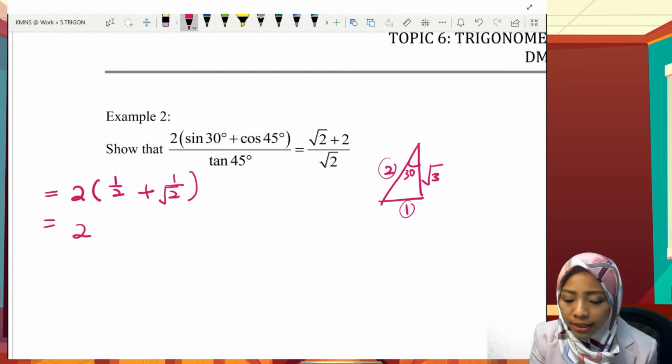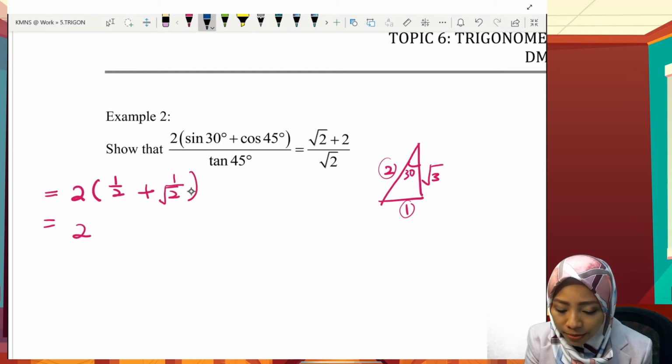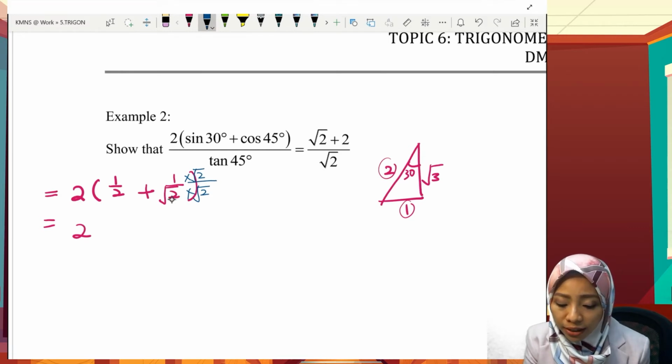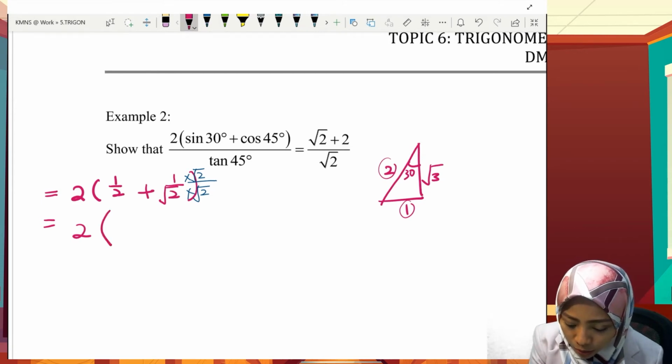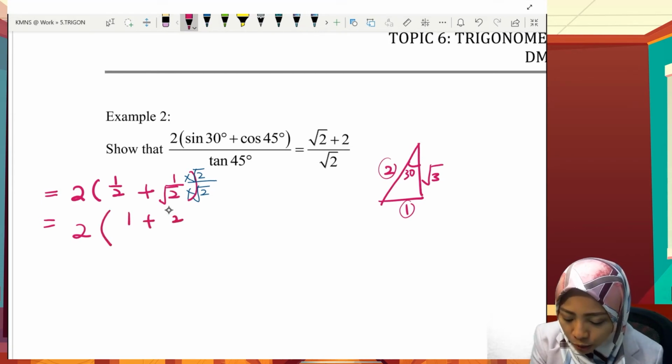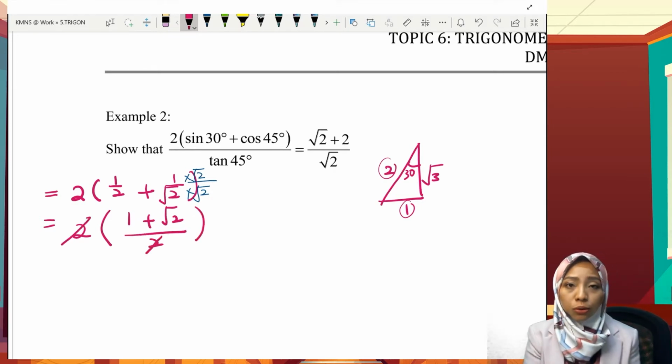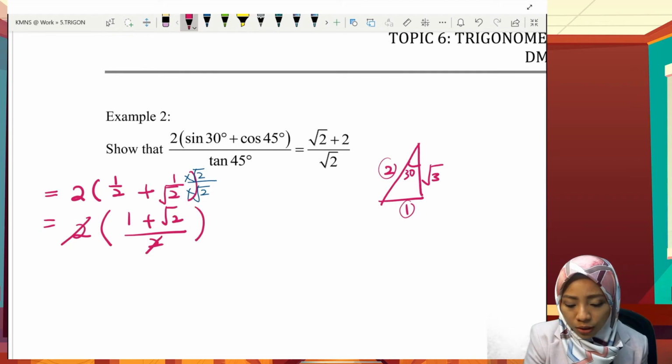Since the denominator is not the same, we multiply with root 2 top and bottom, so that this becomes 2. So 1 plus root 2 over 2. Then the 2 and 2 can be cancelled out, which gives us 1 plus root 2.